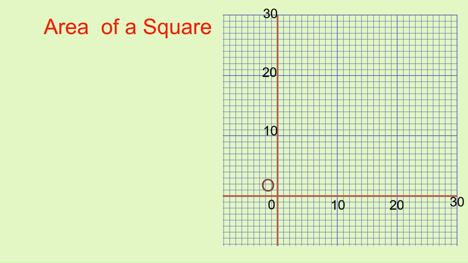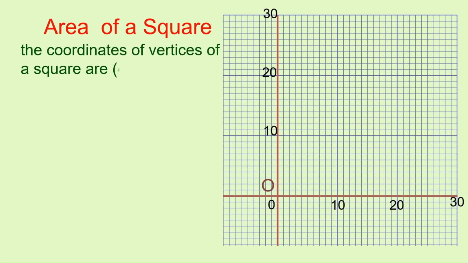We take an example and calculate the area. The coordinates of vertices of a square are 4, 4; 4, 24; 24, 24; 24, 4. Follow the steps to understand.